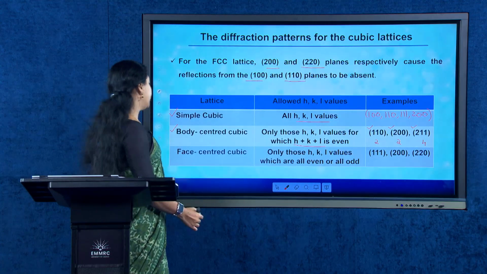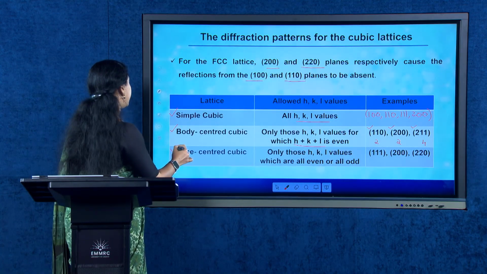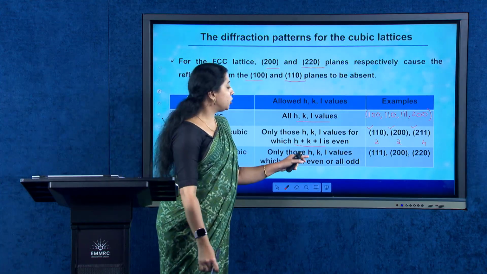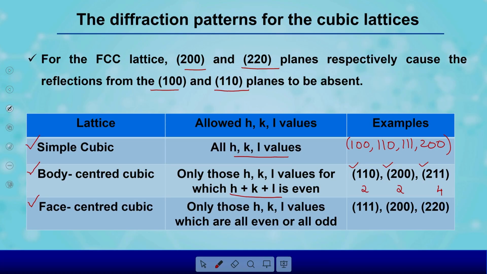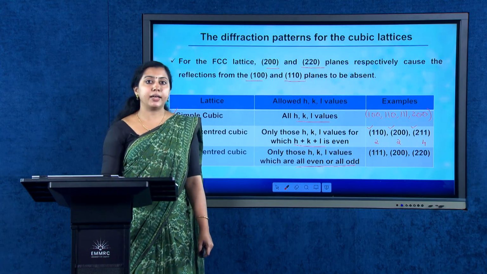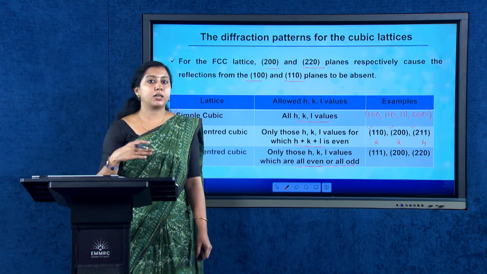And the last one is a face-centered cubic lattice. For an FCC lattice, only those HKL values which are all even or all odd, that is H, K and L values, either all of them are even or all of them are odd.